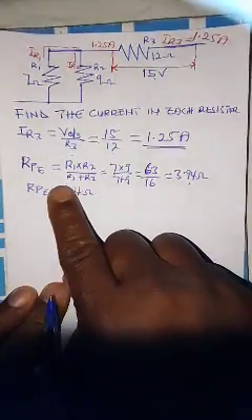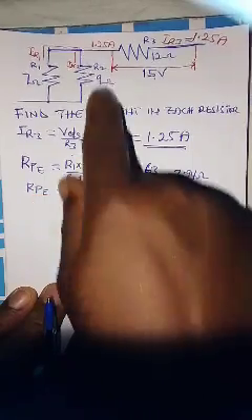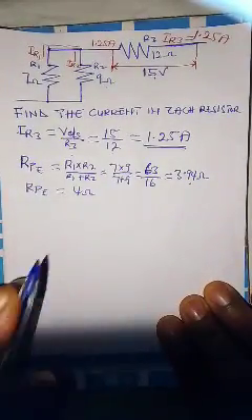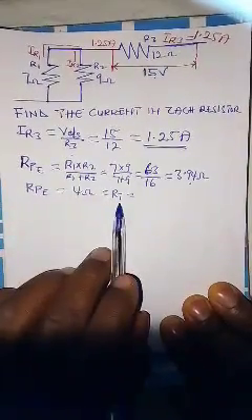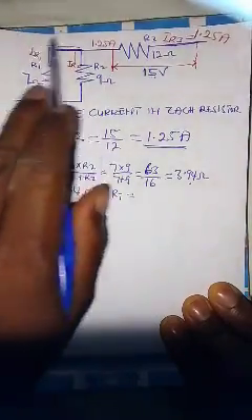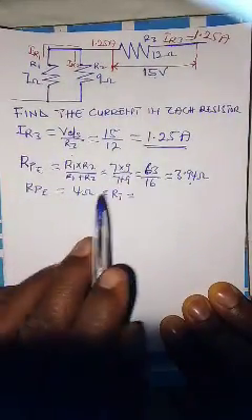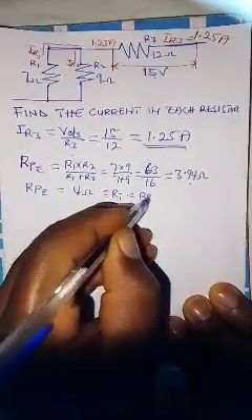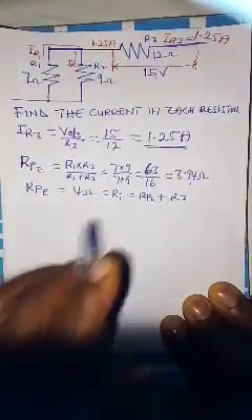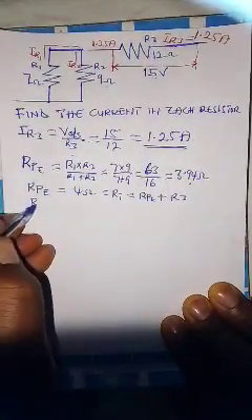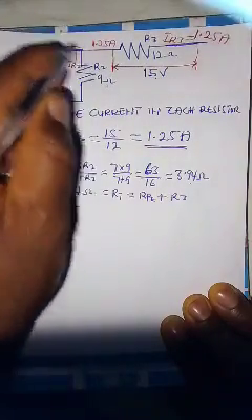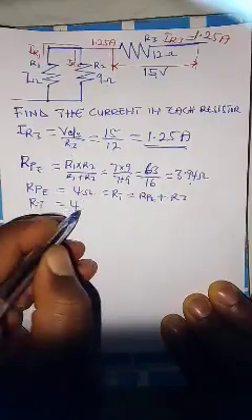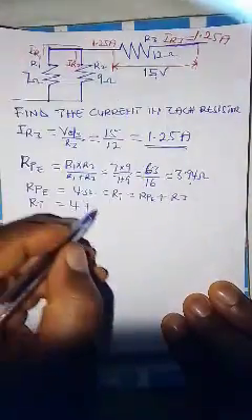Now that we know our total equivalent in this parallel circuit, we can say our R total, which is the total resistance, will be RPE, the total equivalent resistance, plus R3, which is 12. So our RPE is 4, which is the total parallel equivalent resistance, plus 12.